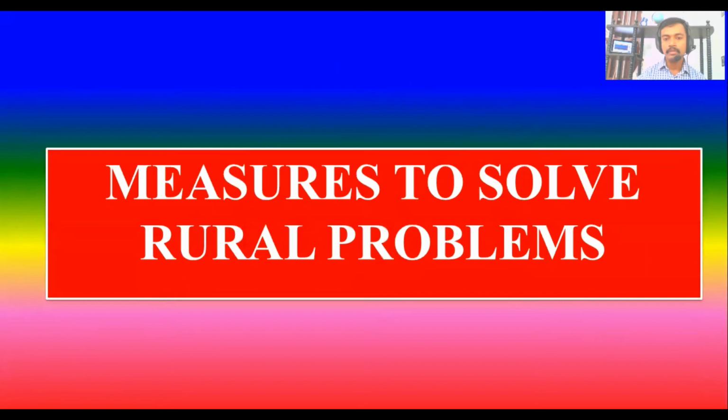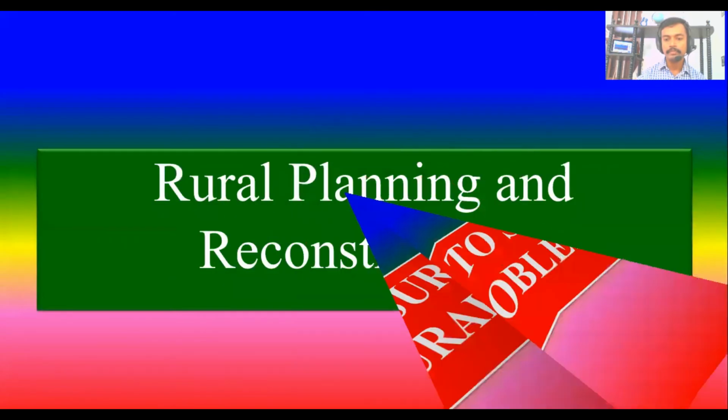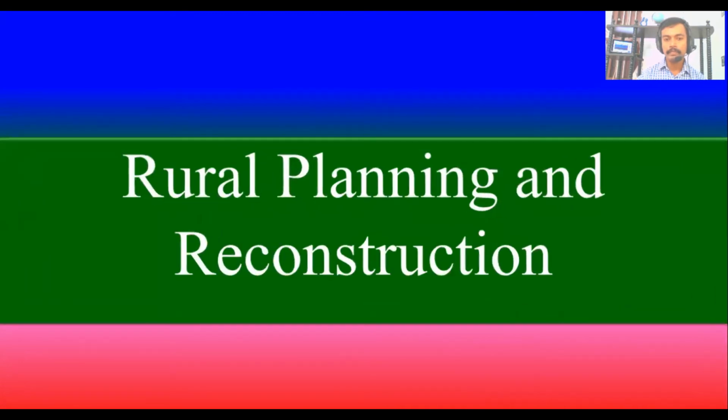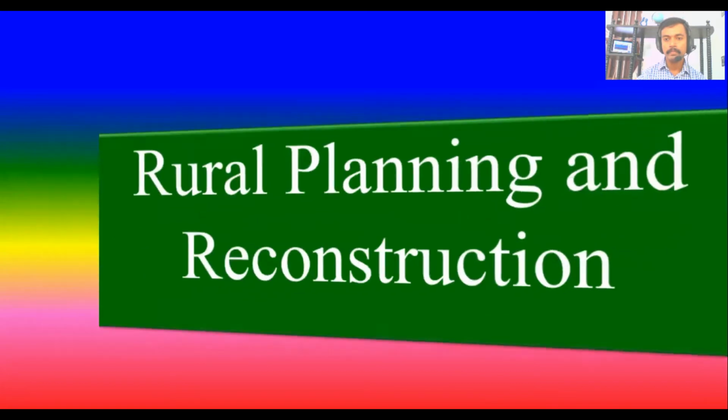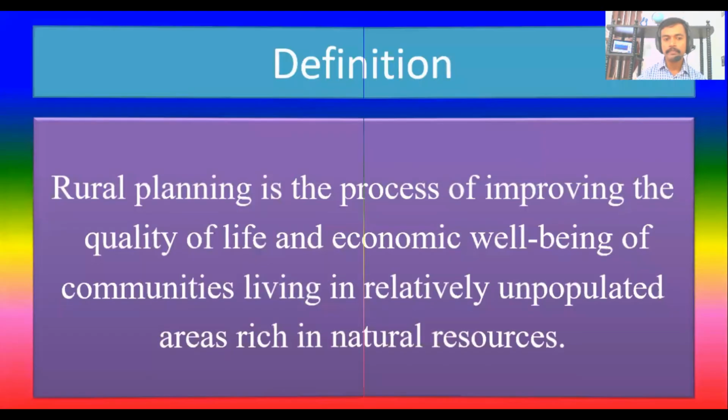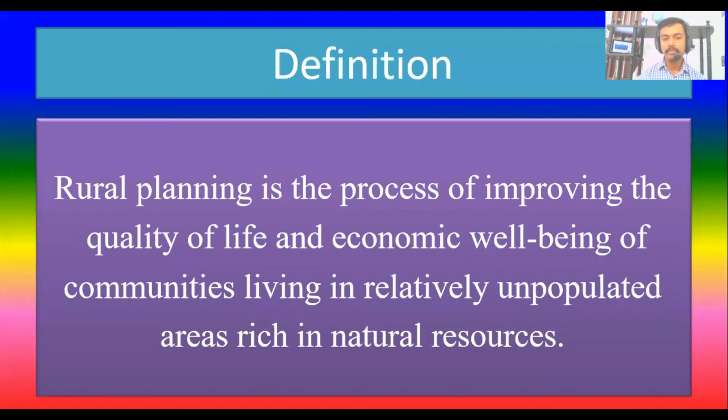Then measures to solve rural problems. Rural planning and reconstruction. What do you think about rural planning? It is a process of improving the quality of life and economic well-being of communities living in relatively unpopulated areas rich in natural resources.